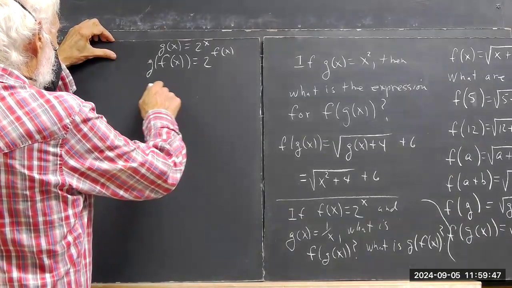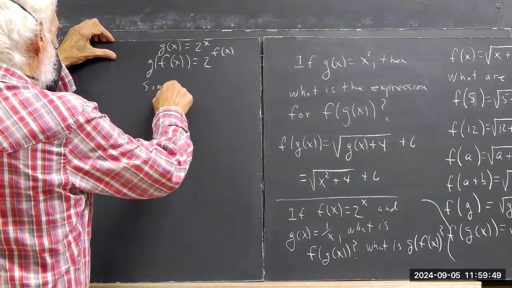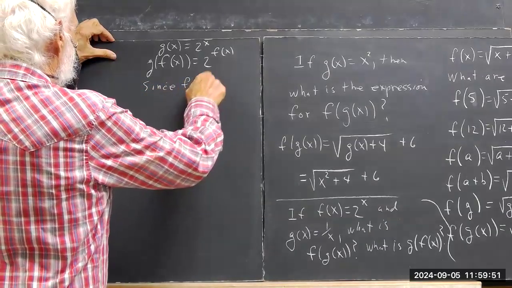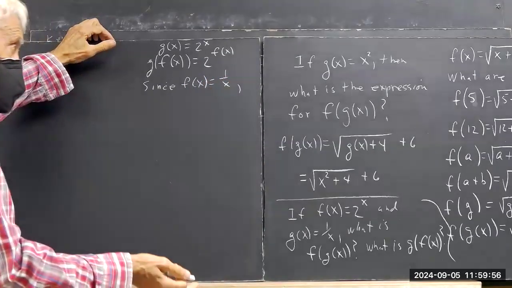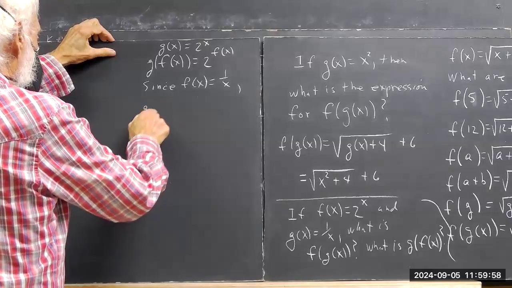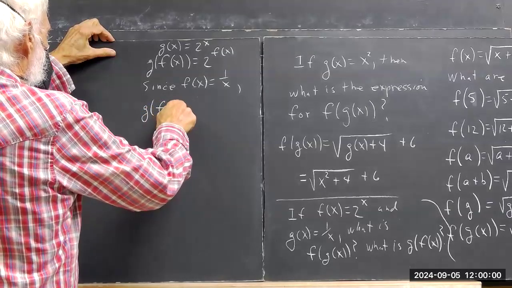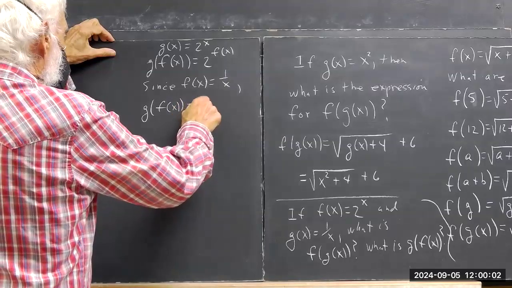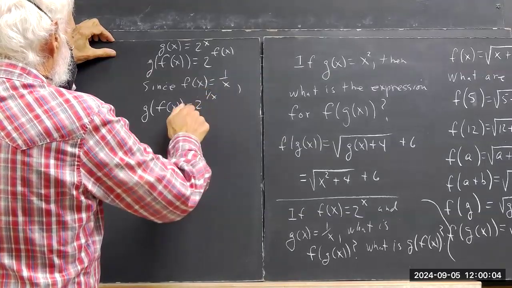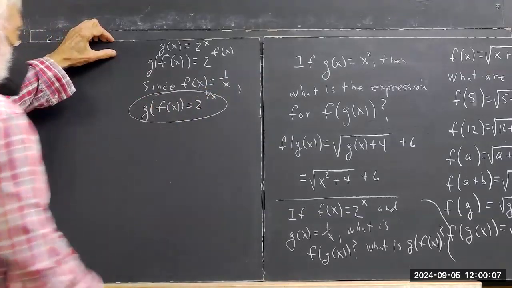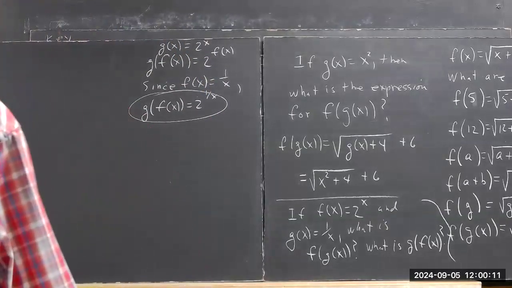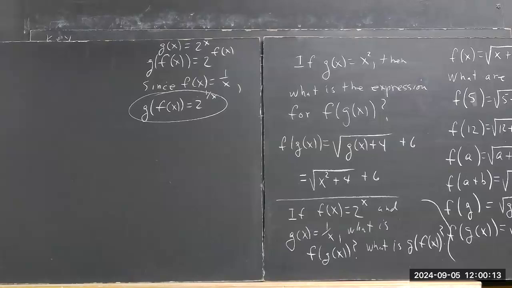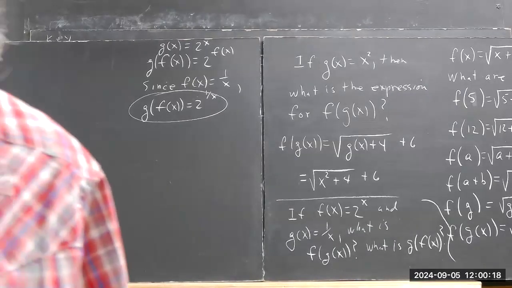Then f of x equals 1 over x, so g of f of x equals 2 raised to the 1 over x. So it's fairly straightforward.